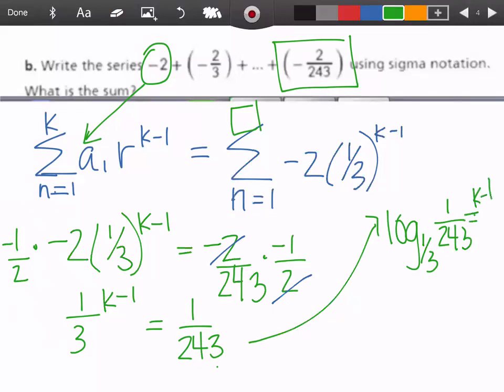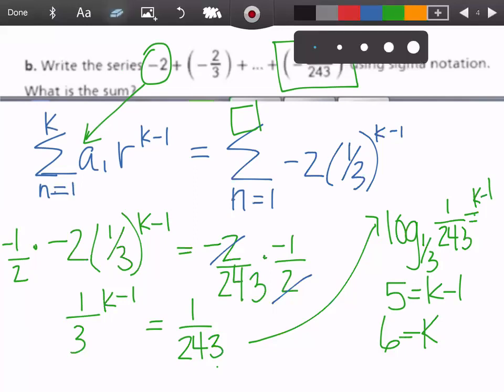So simplifying that, we get 5 is equal to k minus 1. Solving for k, k is equal to 6. So now we have our summation notation, or at least we have this top number.